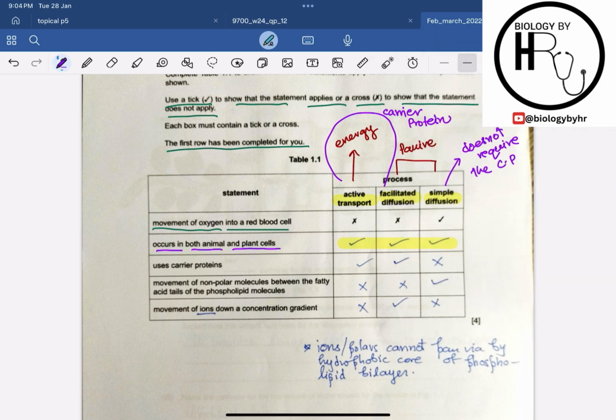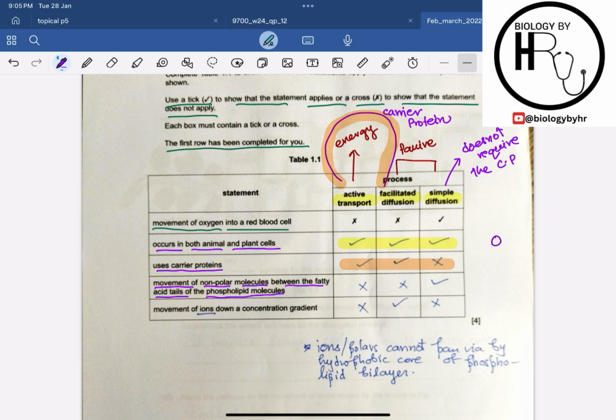If we talk about the use of the carrier protein, I already told you that the usage of the carrier protein is the characteristic of active transport and facilitated diffusion. It is not the characteristic of simple diffusion. Then the other statement is the movement of non-polar molecules between the fatty acid tails of the phospholipid molecules.